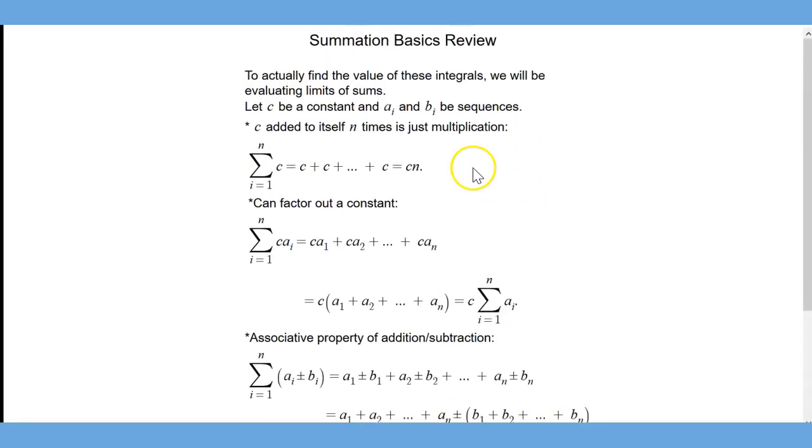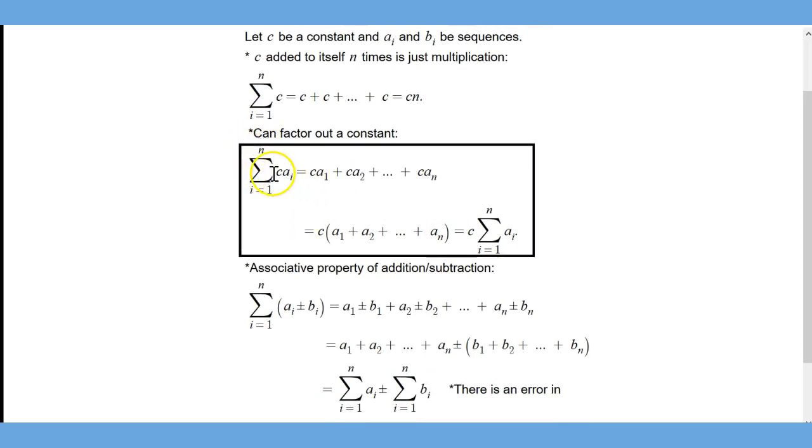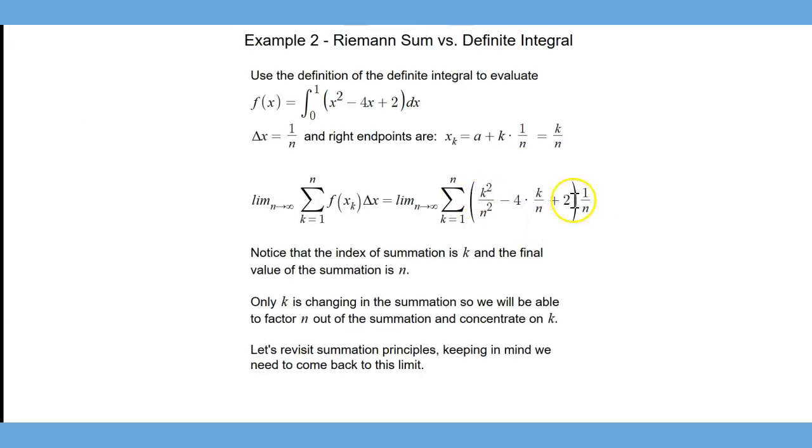Let's look at some basics of summation. A constant added to itself n times is given by this expression, and that's just multiplication. If we have the sum of a constant times our terms, we can factor that constant out. So we're going to be able to factor this 1 over n out.